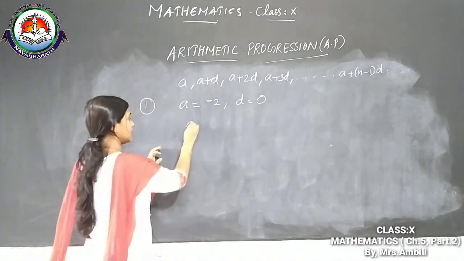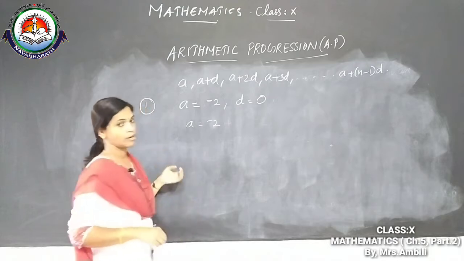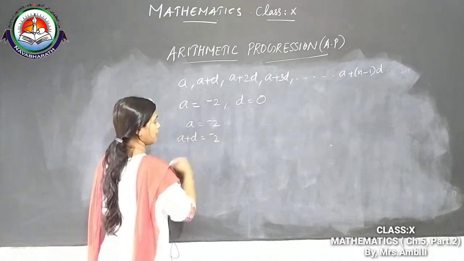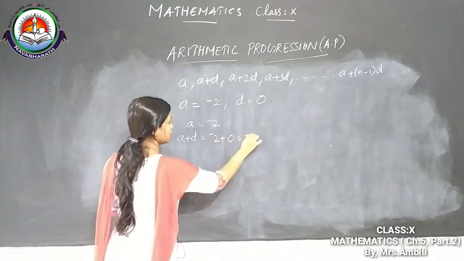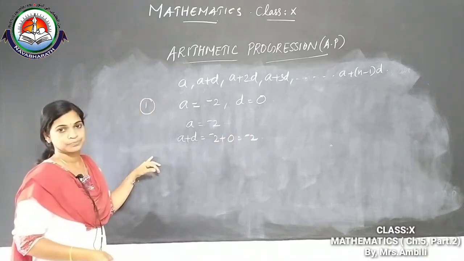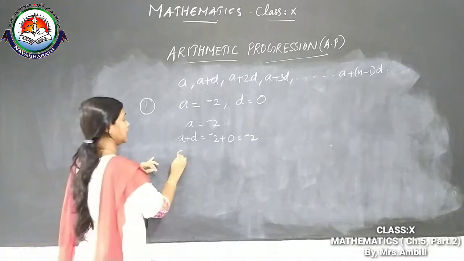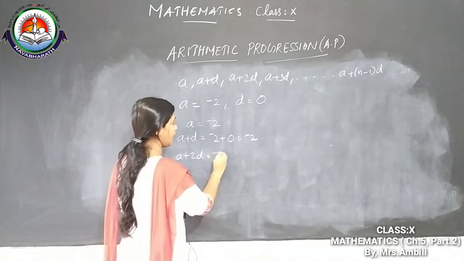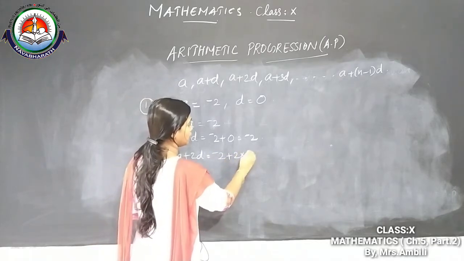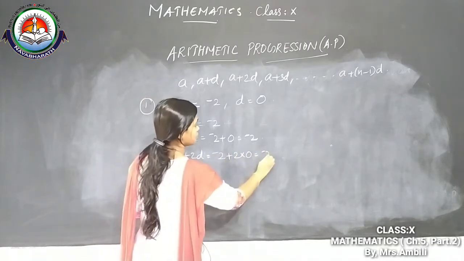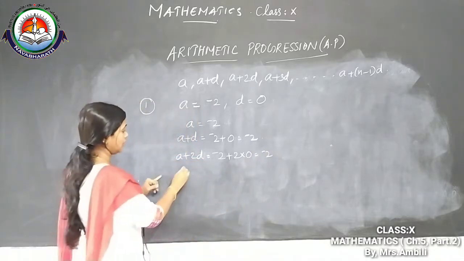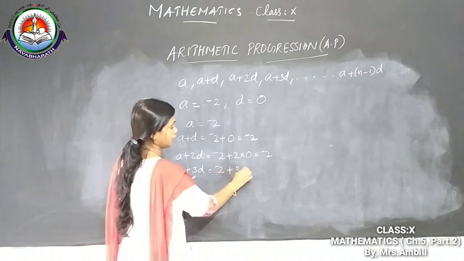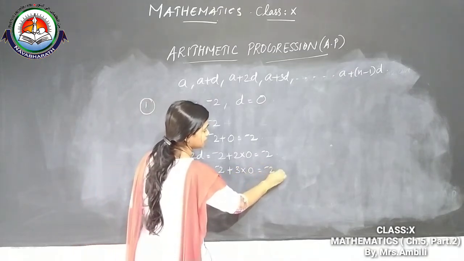Okay. If first term is given, we can find out the next term, that is A plus D. A equal to minus 2, D equal to 0. So second term we got minus 2. Third term, that is A plus 2D, that is minus 2 plus 2 into 0, minus 2. A plus 3D, minus 2 plus 3 into 0 equal to minus 2.